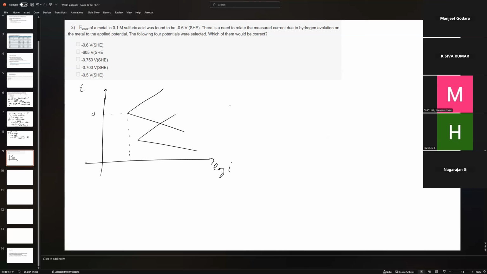This is your zero. Hydrogen. This is hydrogen plus electron. This is metal, metal plus electron. This is conduction electron.